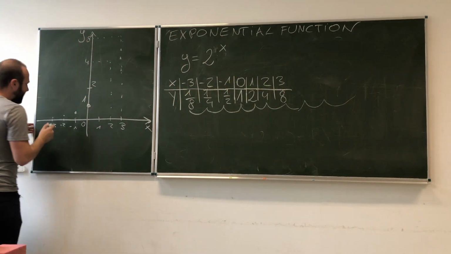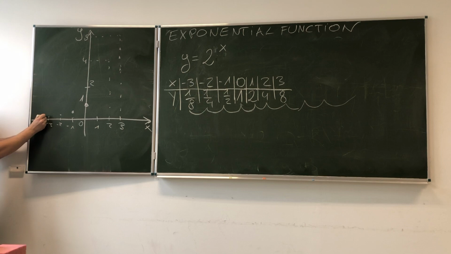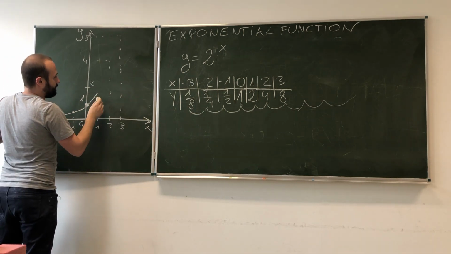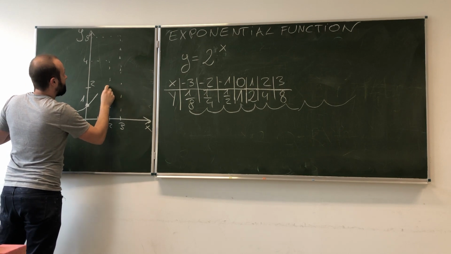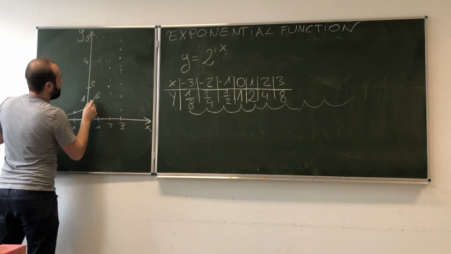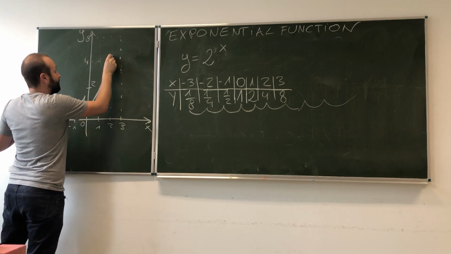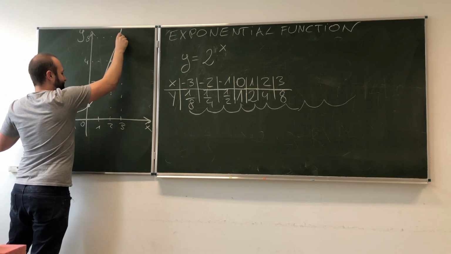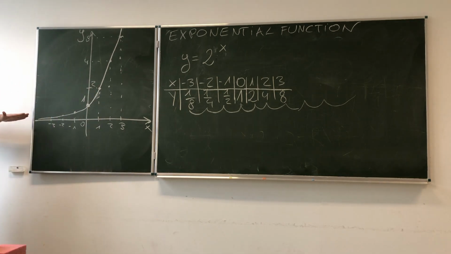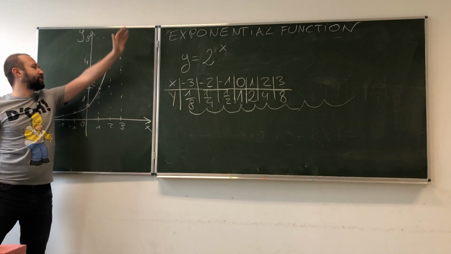If I connect all those points, I'm sorry, I'm not a robot, it's really hard to draw, but I think this will be more or less okay. This function has the following shape.